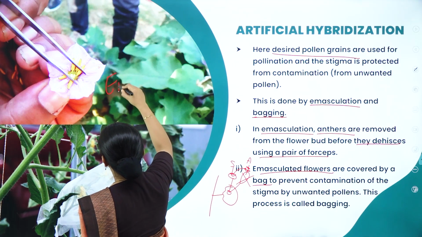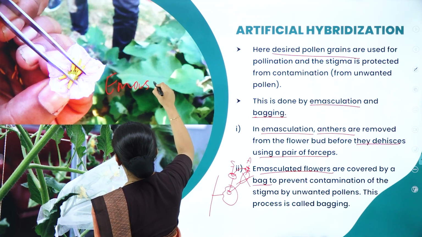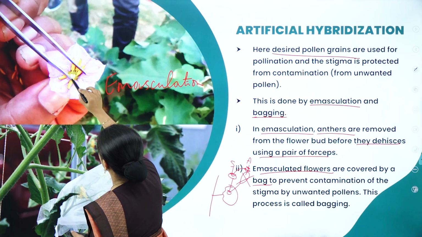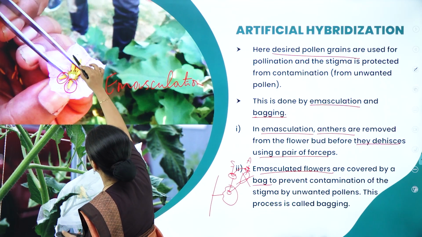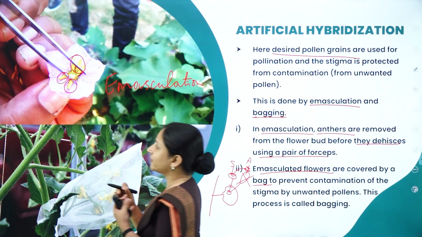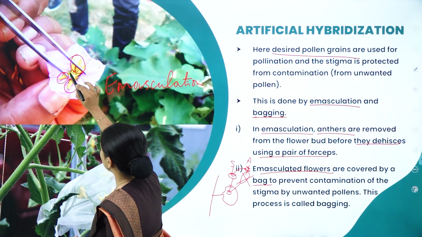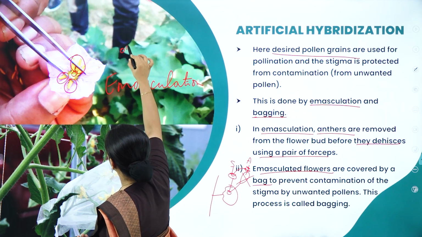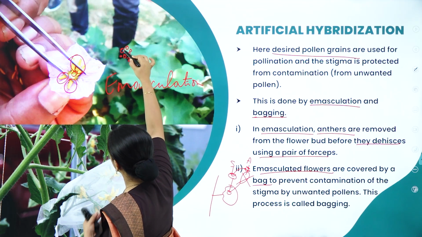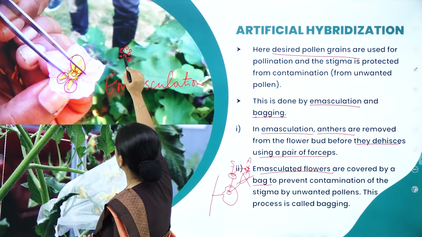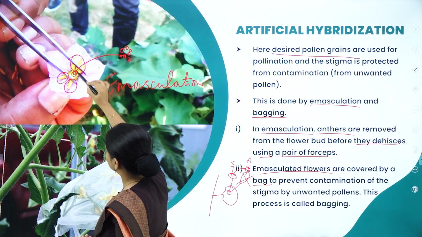So two methods are followed in artificial hybridization. One is emasculation, wherein if you can see these anthers that are there, they will be removed using forceps. Then what will be done? Onto the stigma of this flower, whatever pollen grains we need, of our choice, from the same species, we will bring and dust onto it.